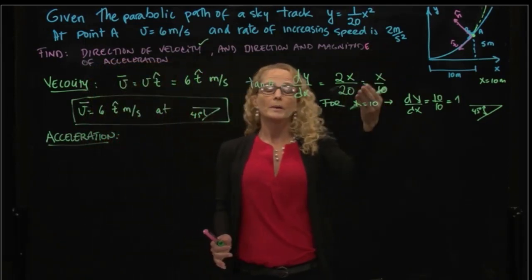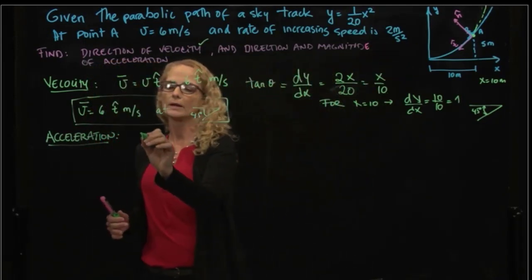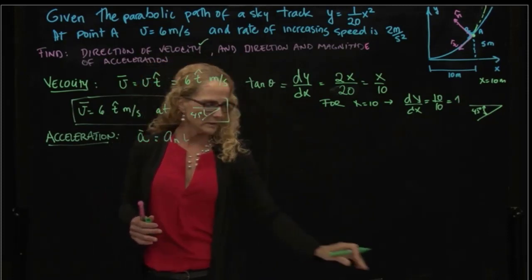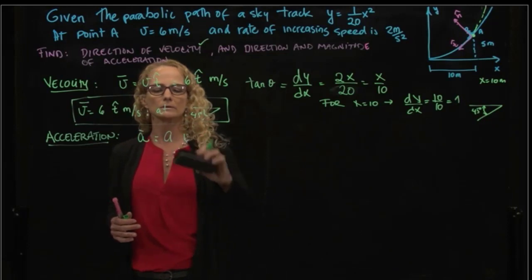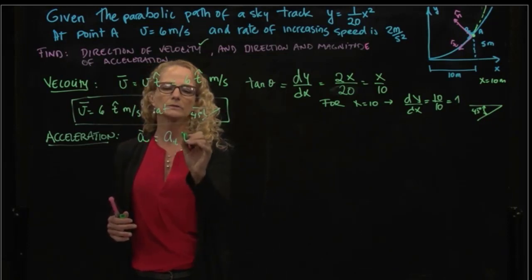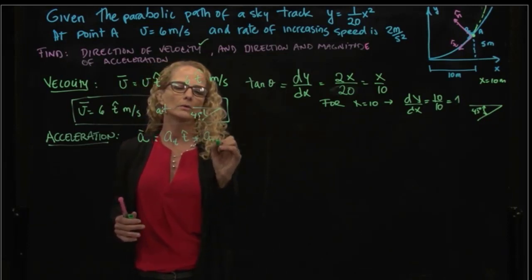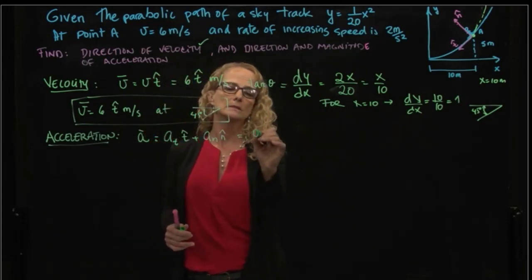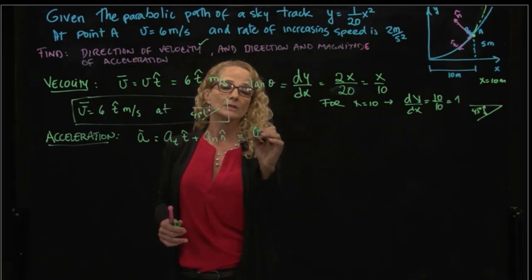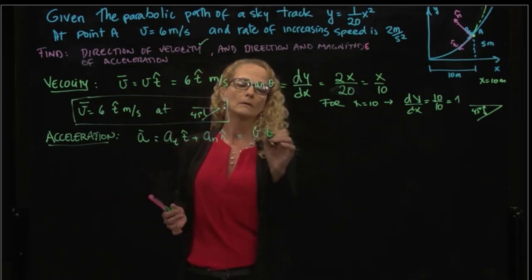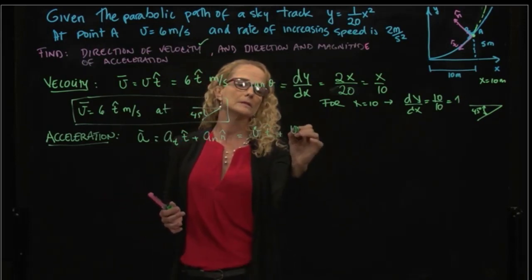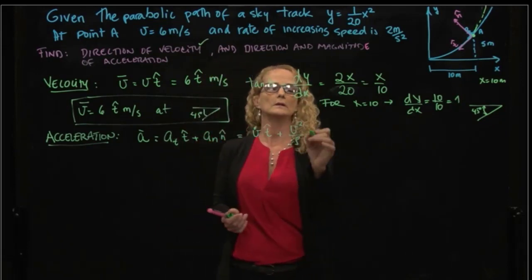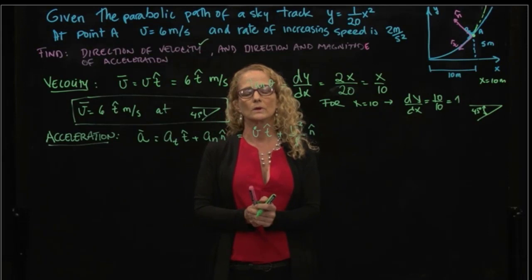Since we have a curved path, we know that our acceleration has two components, one in the tangent direction and one in the normal direction, right? And we know that the tangent component is the rate of change of speed, and the normal component is the velocity squared over the radius of curvature. And we are given the rate of change of speed, which is 2, so that is easy. We have 2 in the tangent direction plus 6 squared over the radius of curvature in the normal direction.